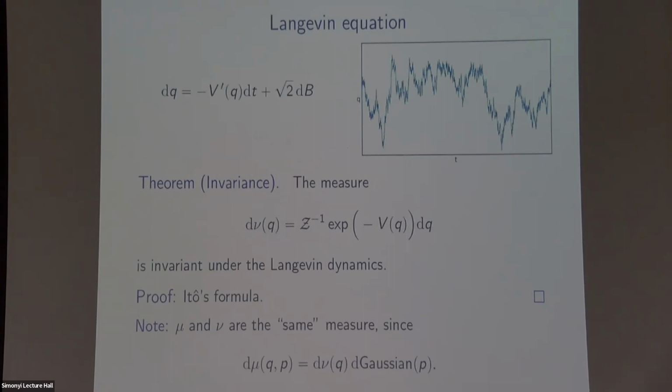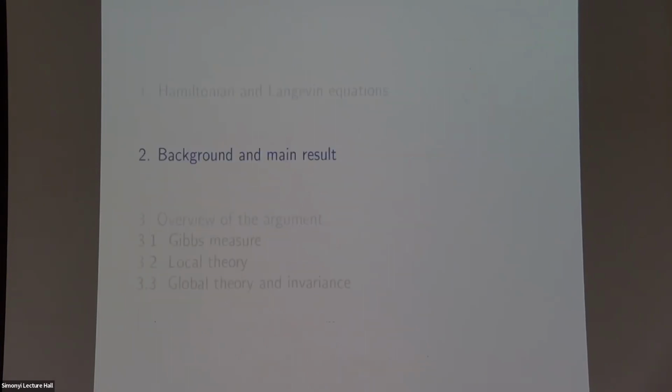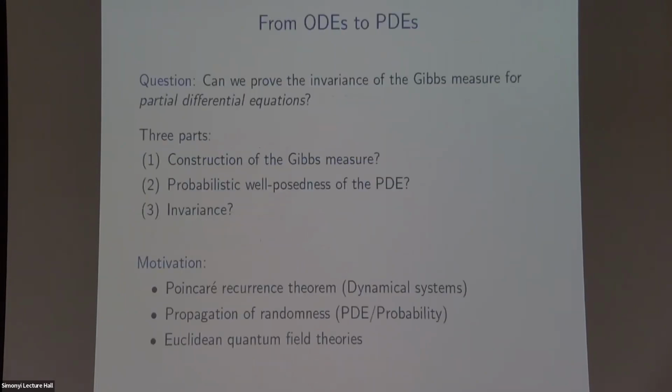Okay, good. So let's move on to PDEs. If you added the beta, this trick of integrating out P would be problematic, right? No, it's fine. You no longer have 1/2, but it's just a different constant.